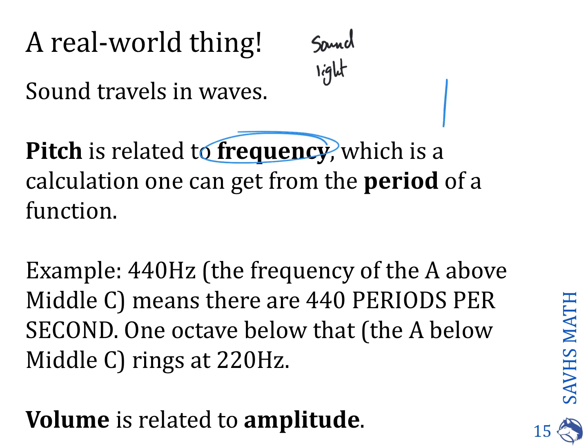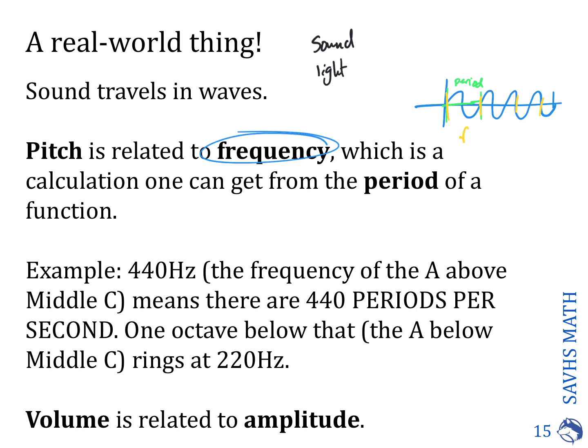And so if we think about, okay, if this is my range, and this wave is going up and down and up and down and up and down, the period is how wide this is, but the frequency is about how many I have.